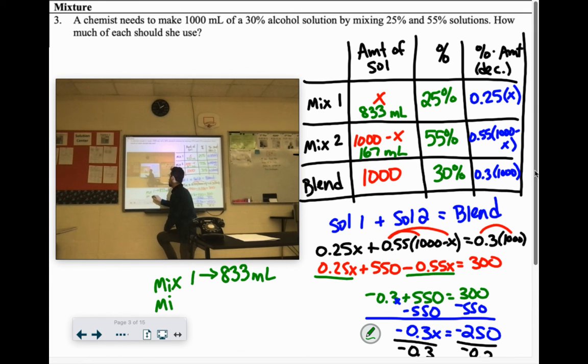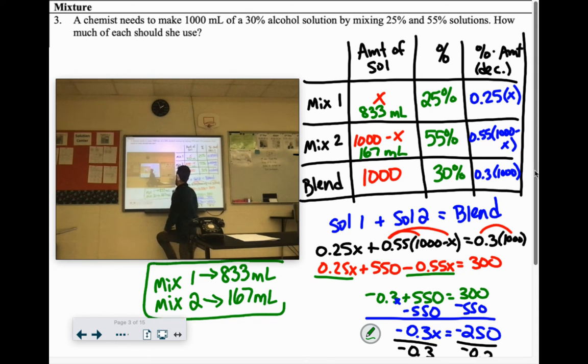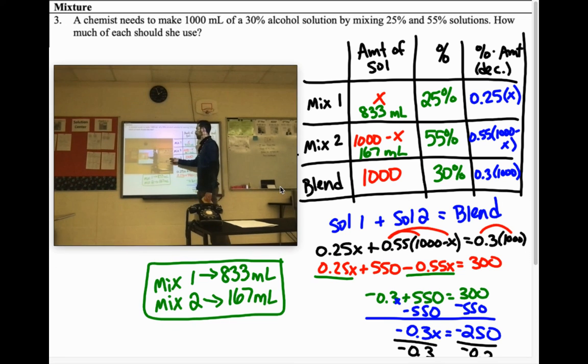Mix 2, which is the 55%er, that was 167 milliliters. Now again, we rounded to the nearest whole on that. A chemist would probably want it a little more exact.